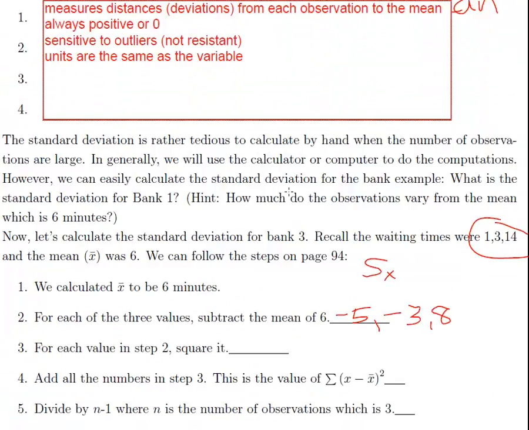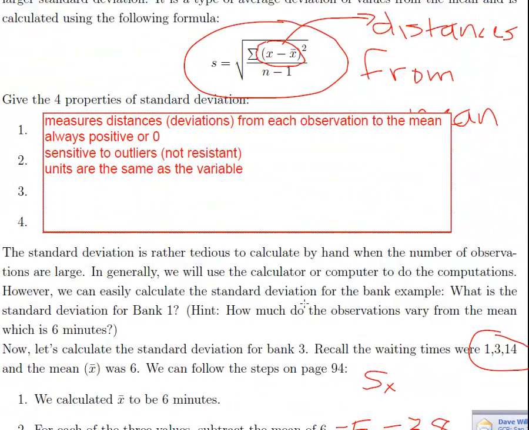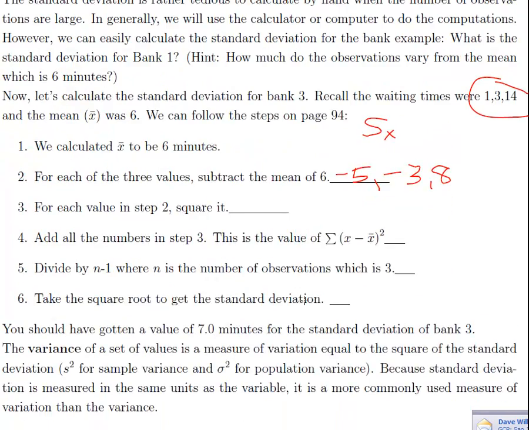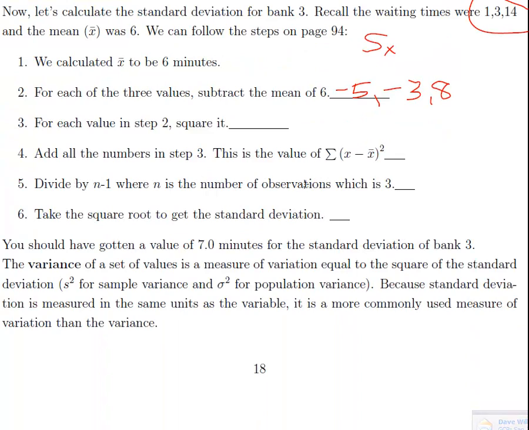Then the second step is squaring. I take each number I calculated in step 2 and square it. Negative 5 squared is 25, and that's what makes everything positive. Negative 3 squared is 9, and 8 squared is 64. That's the second part, just squaring.